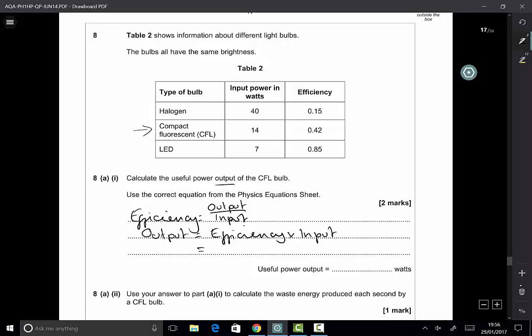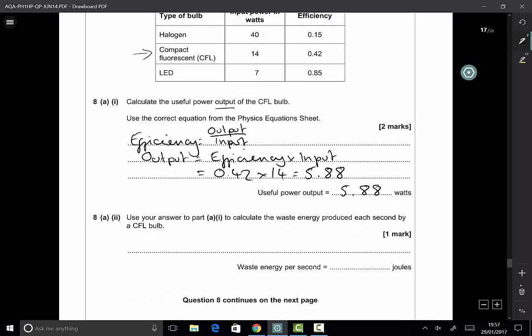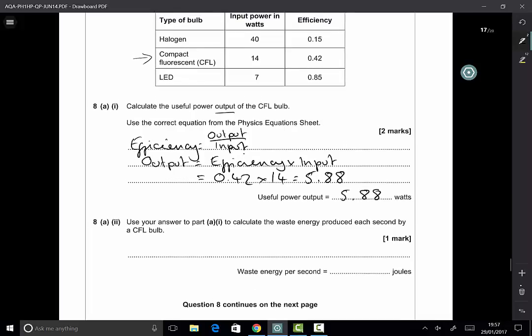So 0.42 times 14, and I'm going to need my calculator on this one. 0.42 times 14 equals 5.88. Then it asks me to calculate the waste energy produced each second.